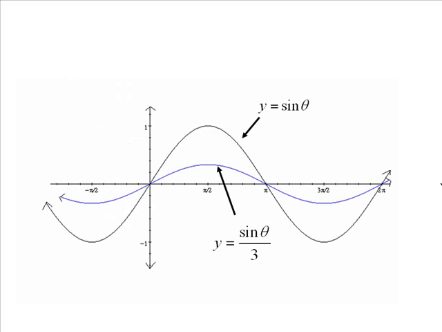Now I brought up the new curve, or the two curves, so we could look at them. But this is what we would get, and I hope this also does not surprise anybody. The second curve, sine theta over 3, or 1/3 sine theta, will have an amplitude of 1/3. So it has a vertical stretch or compression by a factor of 1/3 about the x-axis. The x-intercepts again do not change. Only the y-coordinates are affected by that stretch.